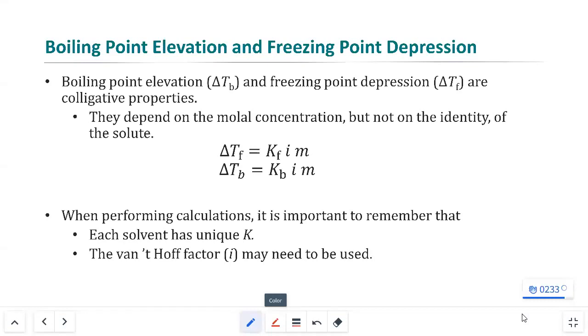Now, what's remarkable about these two phenomena is that we can treat them pretty much the exact same way in terms of calculations. Freezing point depression and boiling point elevation, because they are so temperature dependent, are both relying on molality as their primary concentration unit.